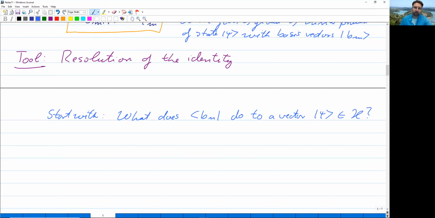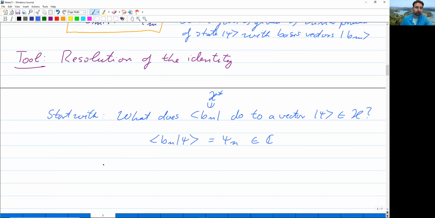This thing is, of course, in H star, the dual Hilbert space. So what does this do? Well, we just calculated it. ⟨Bn| applied to ψ is equal to ψn, and therefore it is a complex number.